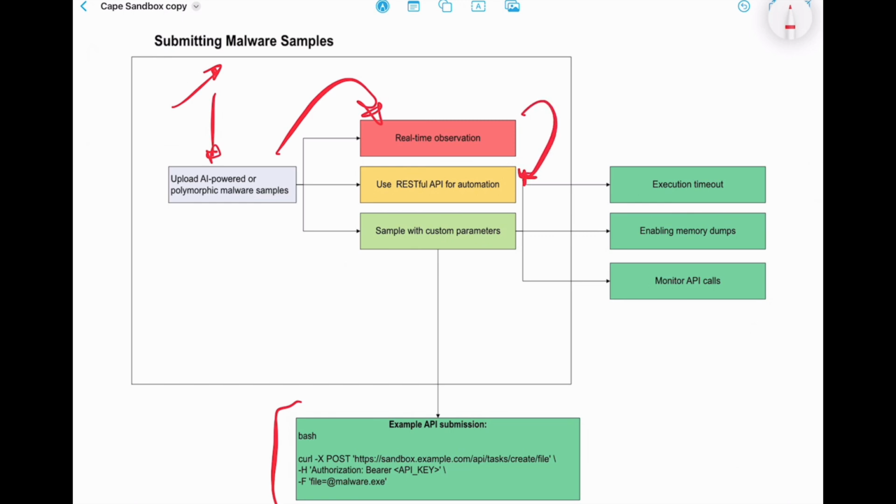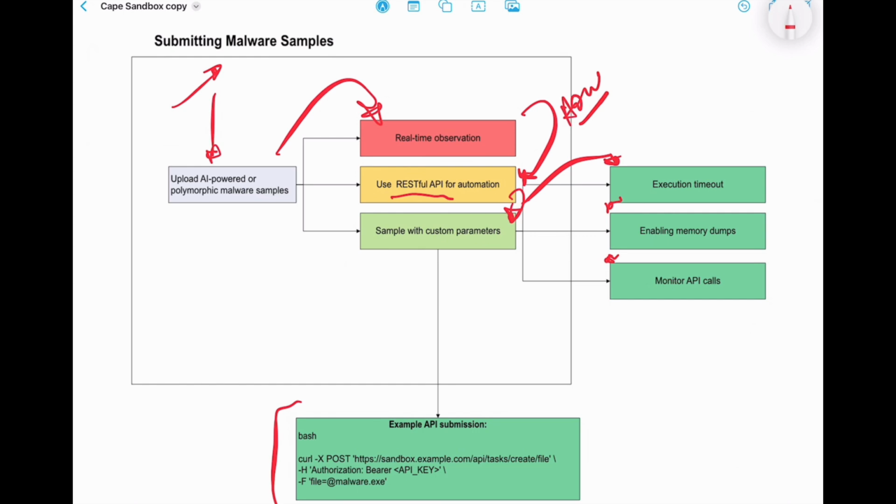So how to complete this? First step, you would navigate to the Cape Sandbox web interface, or you can use the RESTful API for automation. Second, you can submit the sample with custom parameters such as execution timeout. You can enable memory dumps. You can monitor API calls.